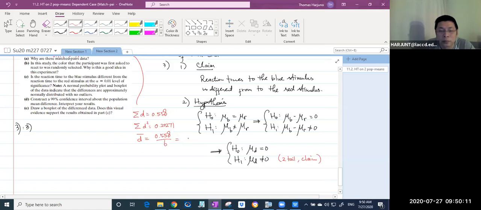And then the variance of the differences will be 6 times 0.20271 minus 0.558 squared, over 6 times 5.